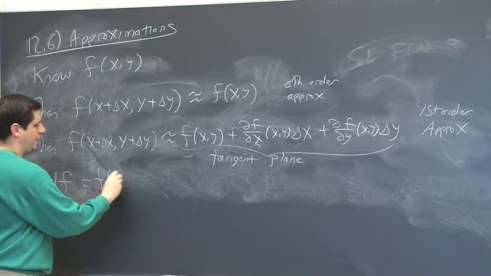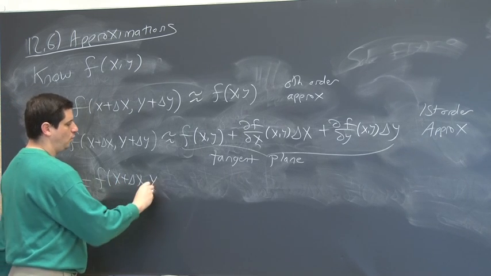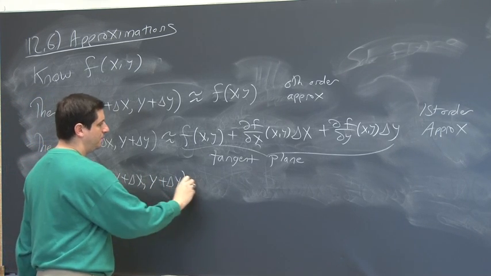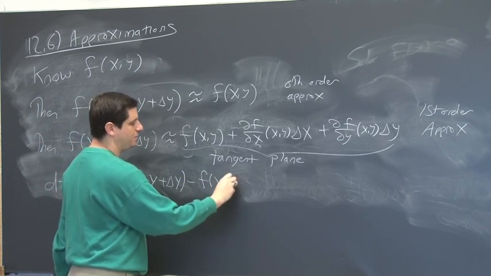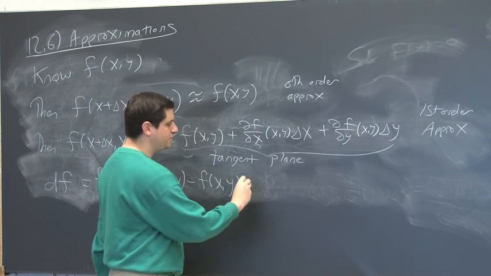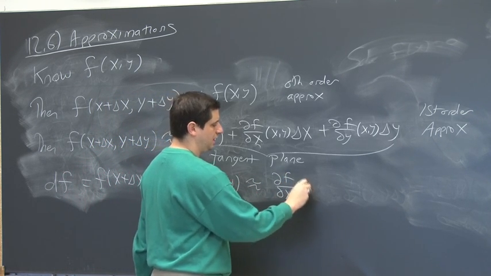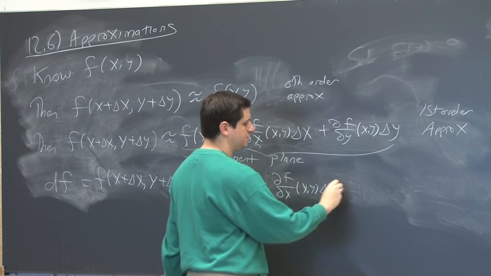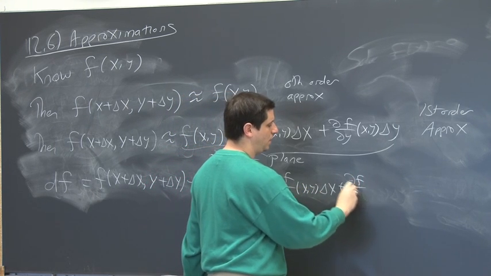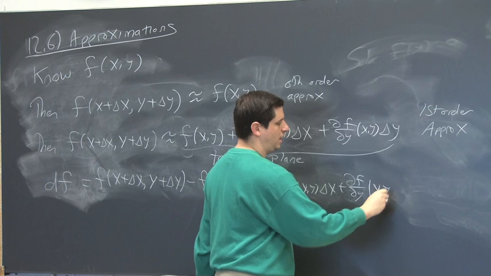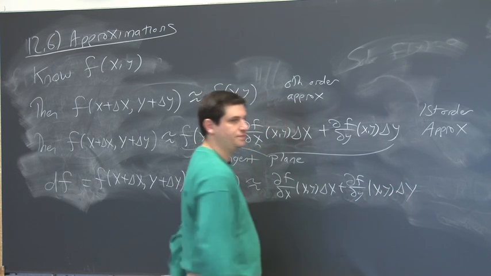That's f of x plus delta x, y plus delta y, minus f of x, y. So how much have we changed? And this is approximately df dx x, y, delta x, plus df dy x, y, delta y.